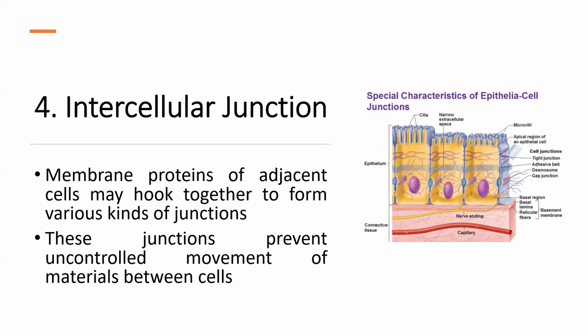So in those places, we need to staple the cells together pretty much. And that's what the membrane protein allows us to do. They are basically glue and staplers that would seal adjacent cells together, so things are not going to leak between them. Right? It prevents uncontrolled movement of materials between cells. All right.